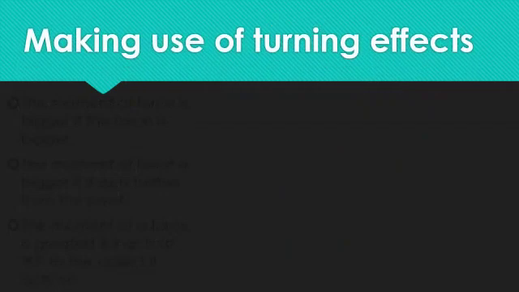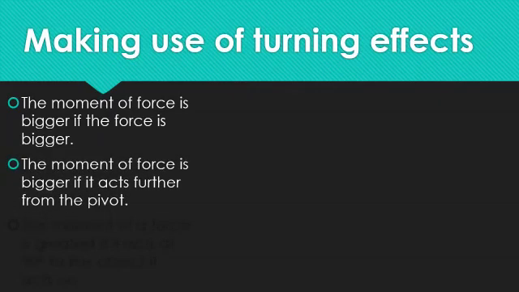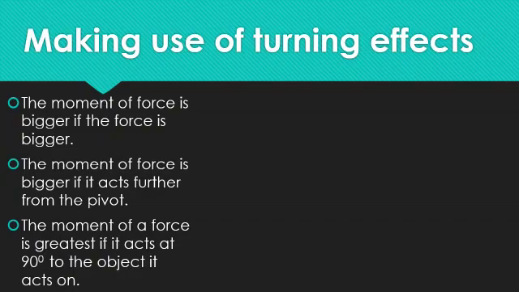Making use of turning effects. The moment of force is bigger if the force is bigger. The moment of force is bigger if it acts further from the pivot. The moment of a force is greatest if it acts at 90 degrees to the object it acts on.